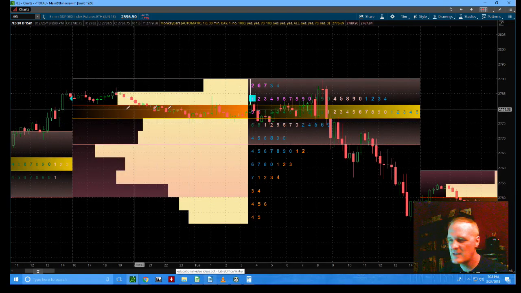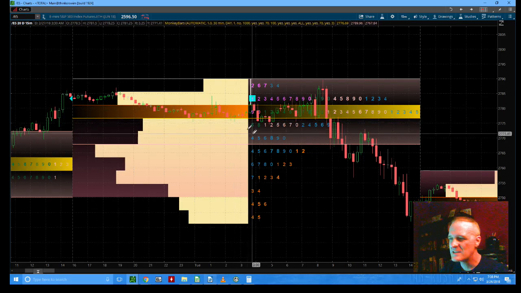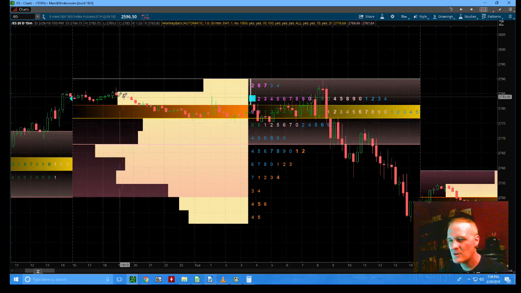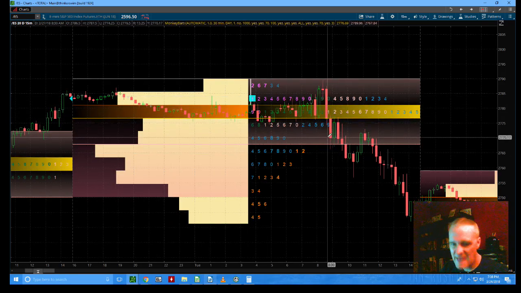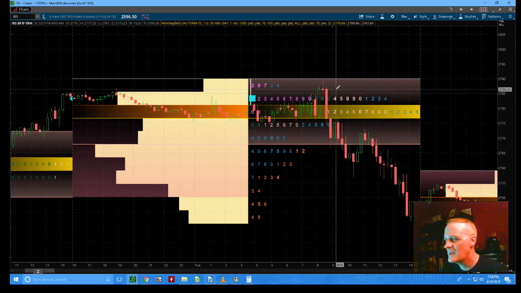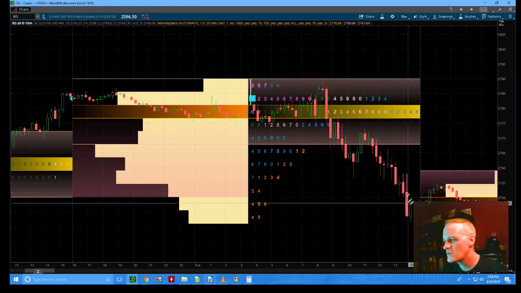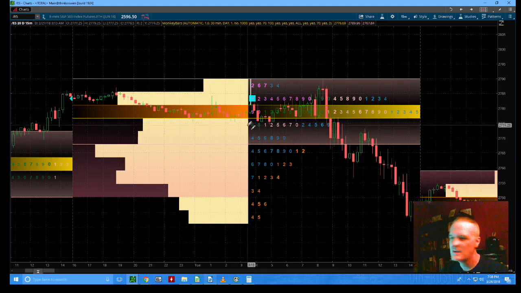On this particular day, the volume point of control and the time point of control were identical. And you can see that the security traded most of the day around both points of control until later in the day something happened. Some outside force acted upon price action and it pushed the mini S&P futures down towards the close. All right?